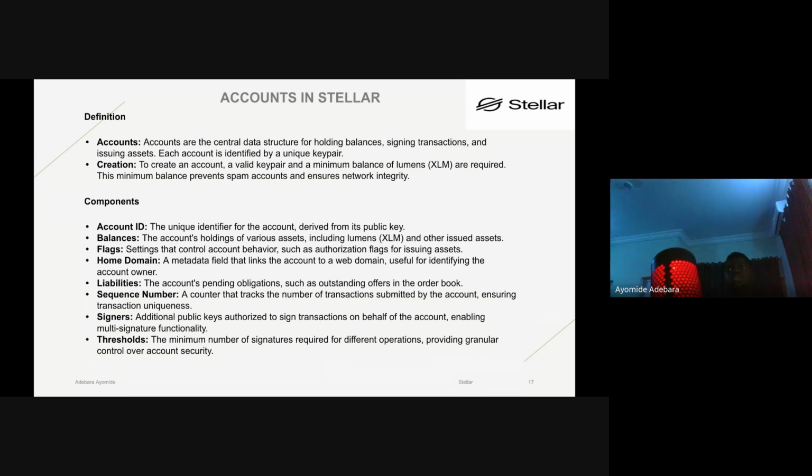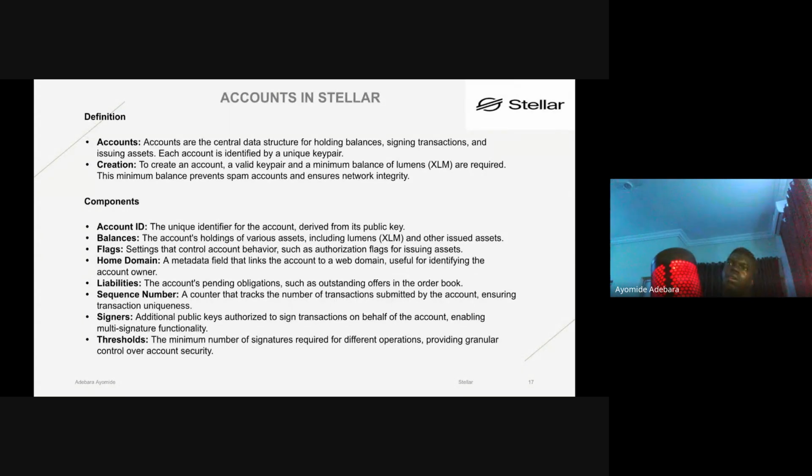Now, in traditional finance, if you forget the password to log into your bank account, it's so simple to go to the bank and tell them you've forgotten the password. The bank would verify you are the owner of the account through your picture, your signature, and all of that. And then they help you generate a new password. It's so simple like that.